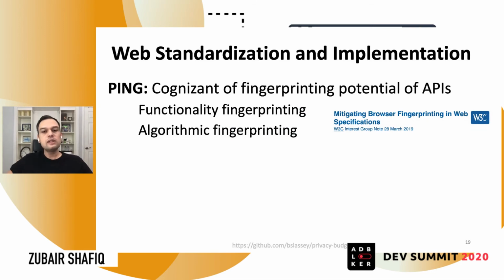And then our research also points out that these fingerprinters are exploiting a variety of different web APIs for fingerprinting. And there is right now a palpable tension between the desire to implement and roll out new APIs to support cool new functionality and their potential privacy implications with respect to fingerprinting.